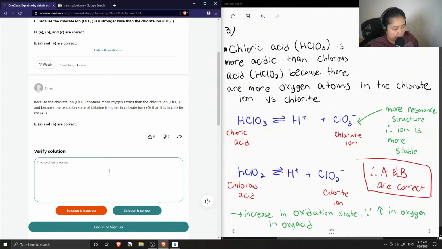And then I'll just add that the chlorate ion is able to form more resonance structures due to its extra oxygen.